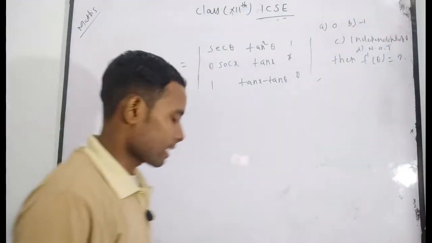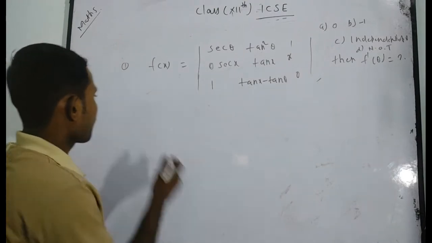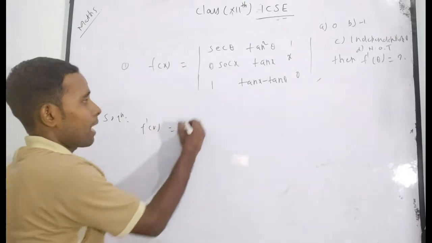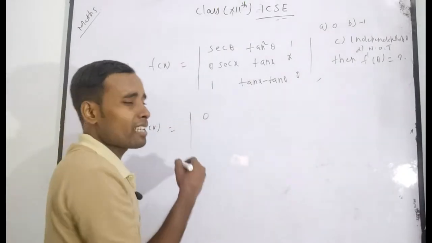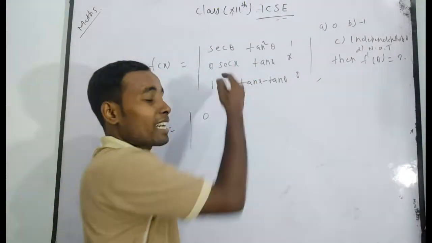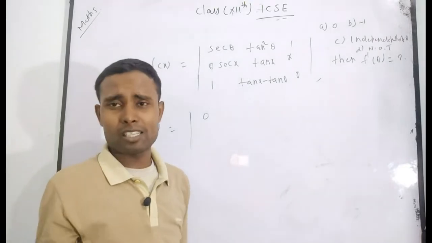So see here, firstly differentiate this function, f dash x. After differentiating, its derivative will be 0. Why? Don't fall in trouble, because sec theta is a constant. Suppose that theta is a constant, maybe 45 degree, 60 degree, any value.